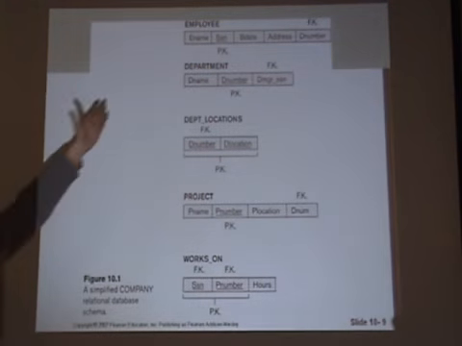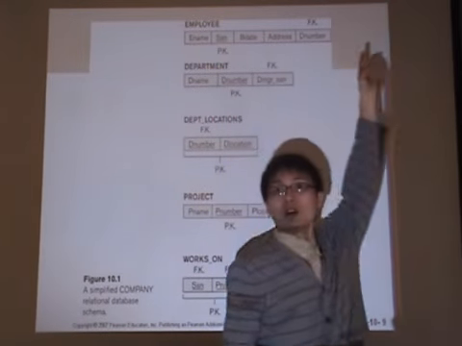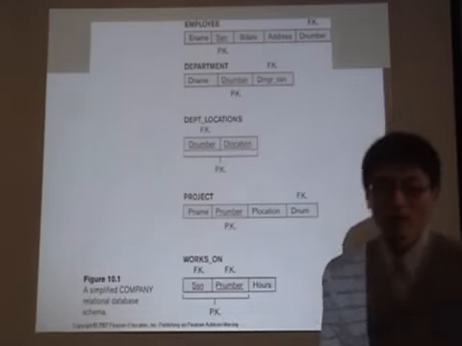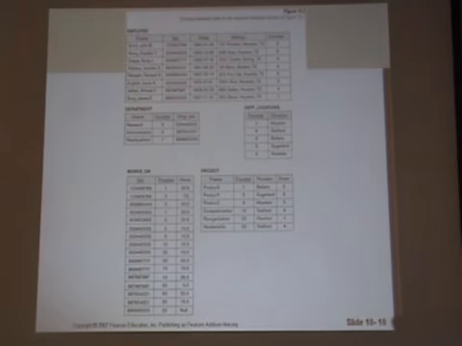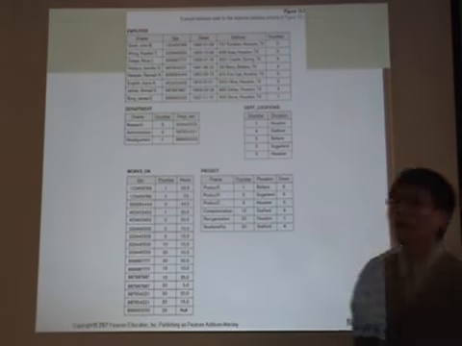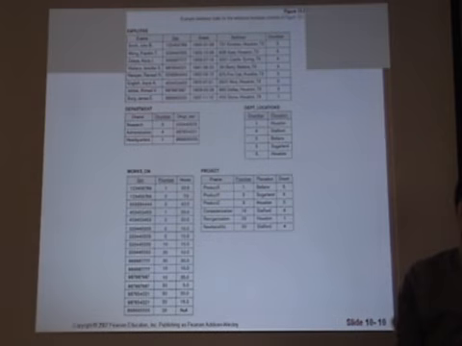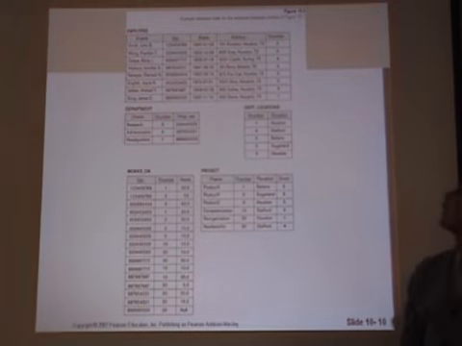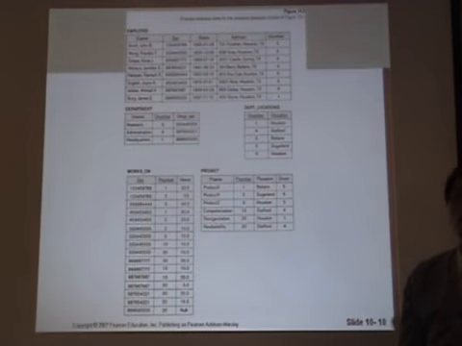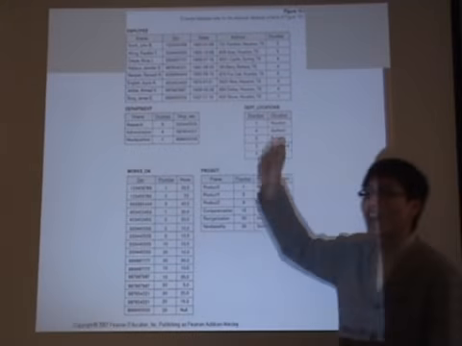How can you find the department information? Using D number. Using D number, you can find the data. For example, here, John Smith. What is the department number of John Smith? Which department is John Smith working in? Research. How can you find that?